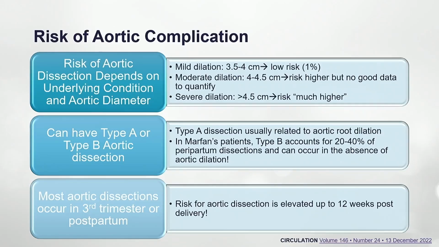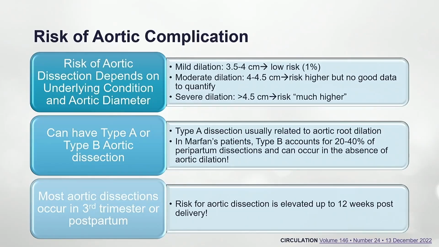So even in these low-risk patients with that 1% or less chance of something bad happening, you still have to have a high degree of suspicion. If they have symptoms that make you concerned for an aortic dissection, because they can still have a type B dissection, even if they don't have the scary type A one.